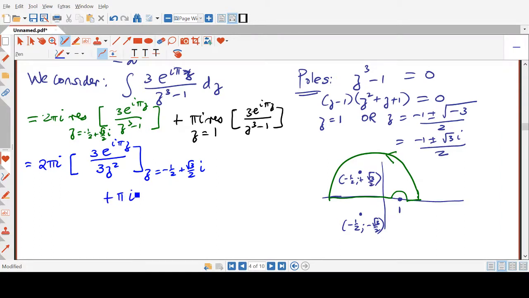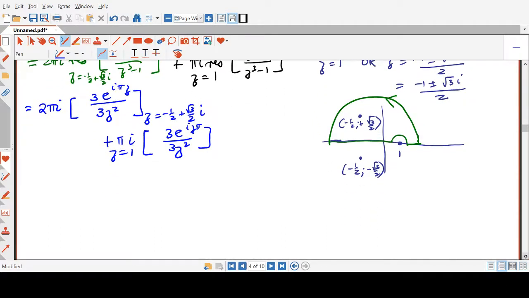Plus likewise pi i, same story there, 3e to the i pi z over 3z squared. This time I plug in z equals 1. Okay, the numbers are a bit nasty, but not too bad.